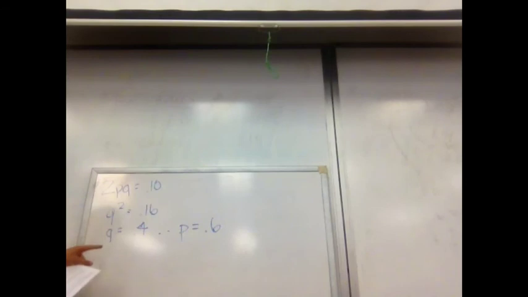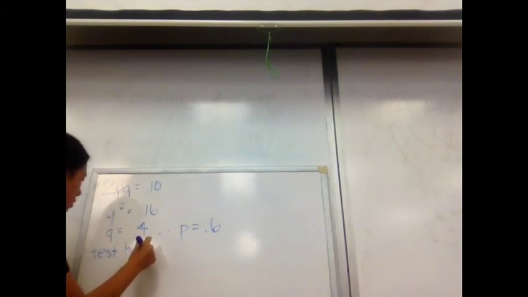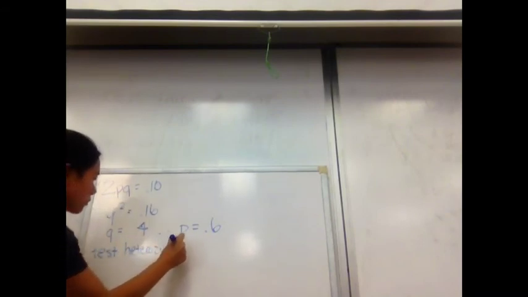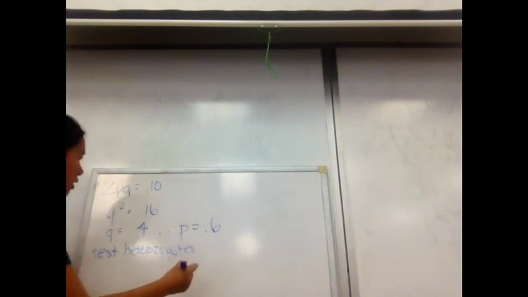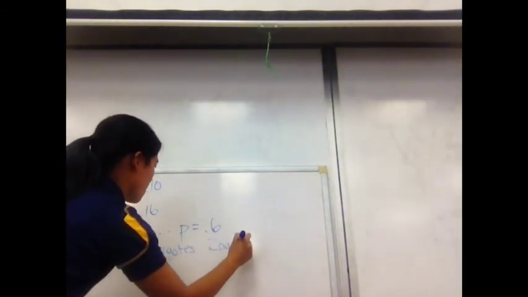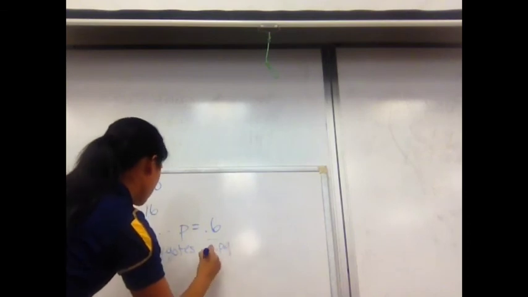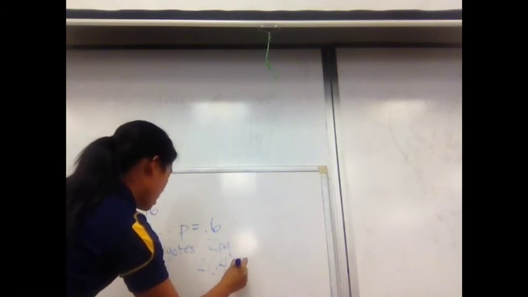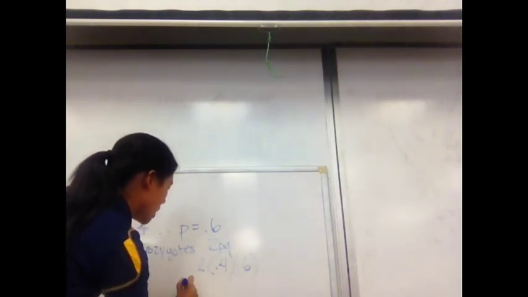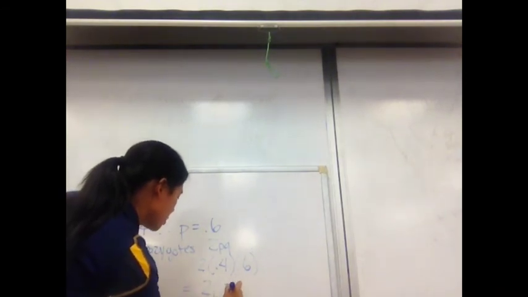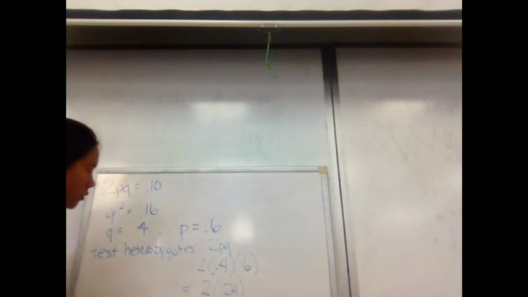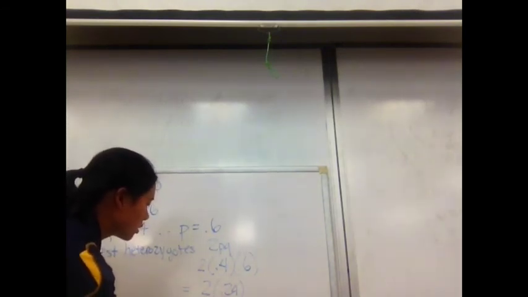Knowing these values, we can go ahead and test it against 2pq and find out if that would give you the result of heterozygotes. So test heterozygotes, and you would test 2pq, 2 times 0.4 times 0.6, and you would find it is 2 times 0.24. You would expect, if it was Hardy-Weinberg in equilibrium, 0.48.